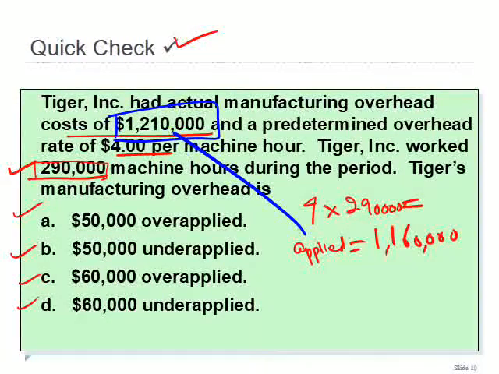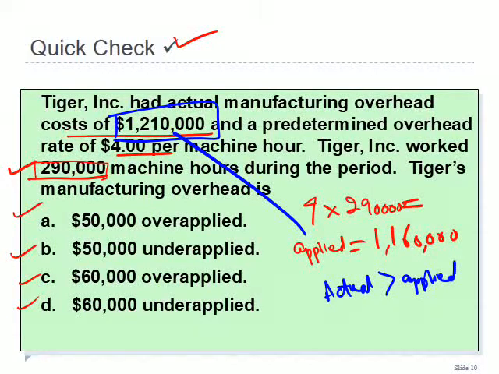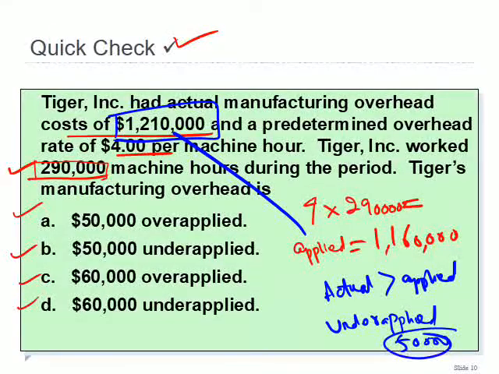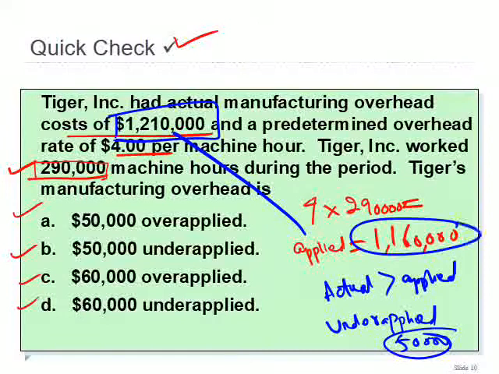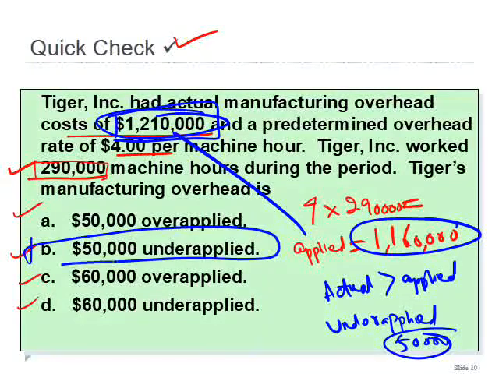So it means actual is greater than applied. It means we are under applied. By how much? 50,000. 50,000 came from the difference between applied and the actual one. So the correct answer would be option B.